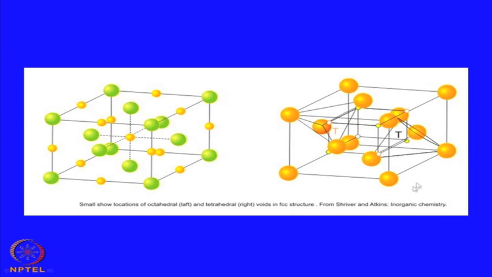So, there are 8 corner atoms, and corresponding to the 8 corner atoms there will be one tetrahedral site about 1/4 distance of the total body diagonal length. So, from this corner there will be one tetrahedral site here, and from the other side also there will be another tetrahedral site somewhere here. Okay.